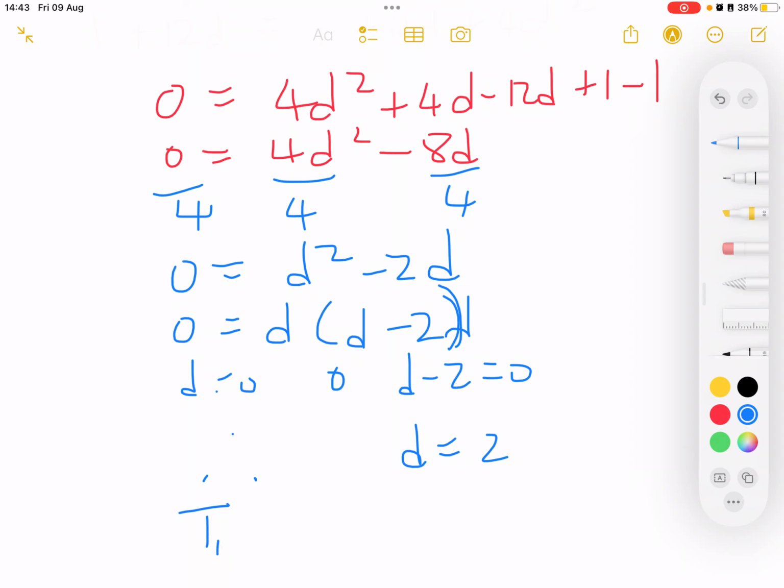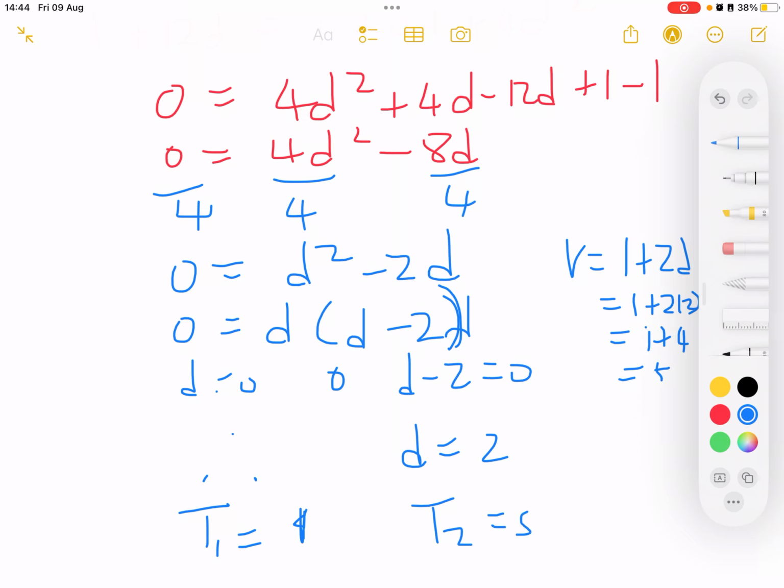Term 1 will be 1, and then term 2 will just be what? Term 2 will be 5, since if we look at r, it is said to be equal to 1 plus 2d, which is 1 plus 2 times 2, which is 1 plus 4, which is equal to 5.